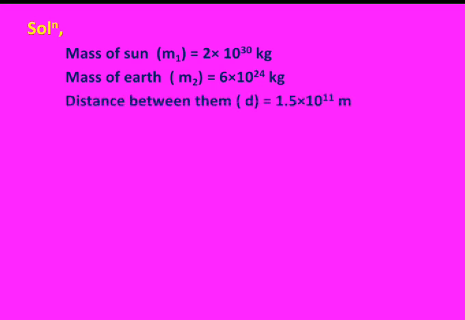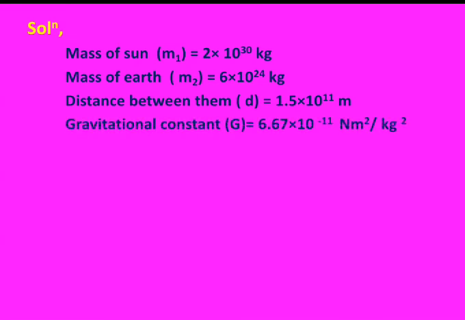Distance between them d equals 1.5 into 10 to the power 11 meter. Gravitational constant capital G equals 6.67 into 10 to the power minus 11 Newton meter square per kg square. Gravitational force F equals what?